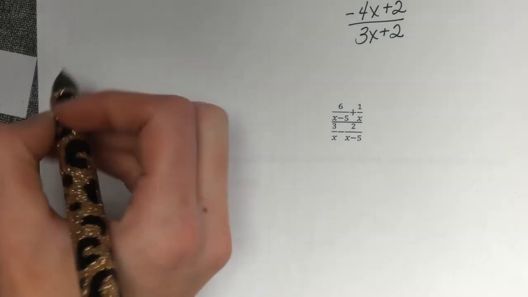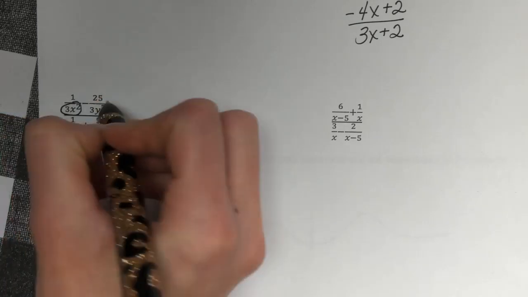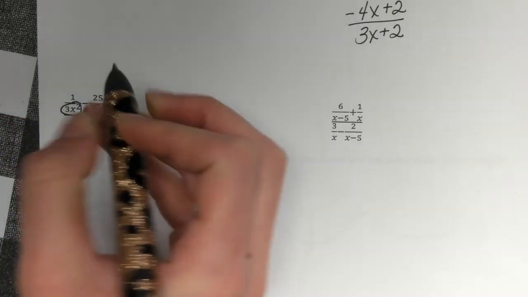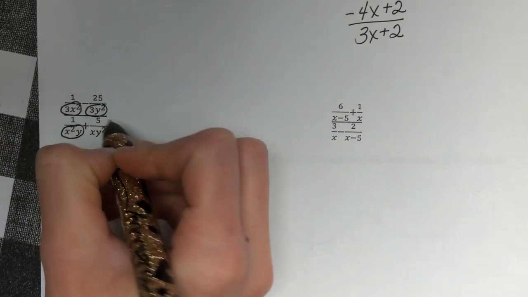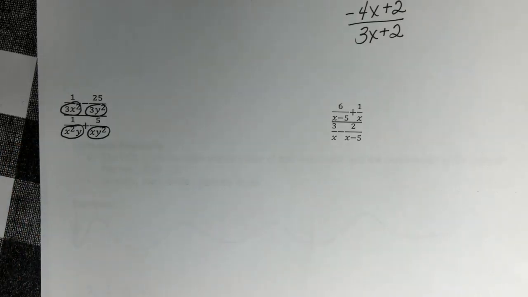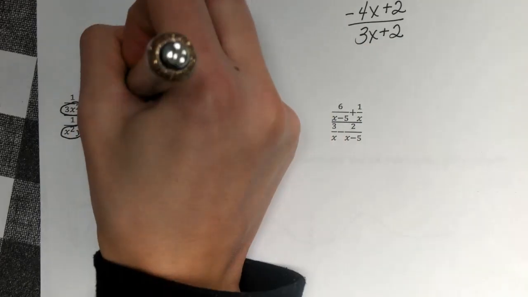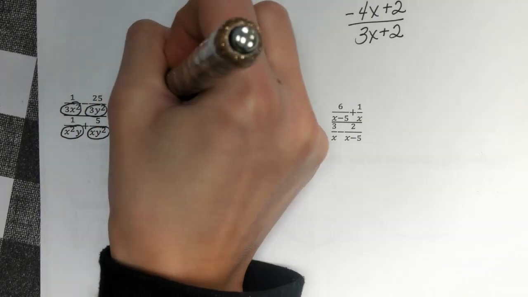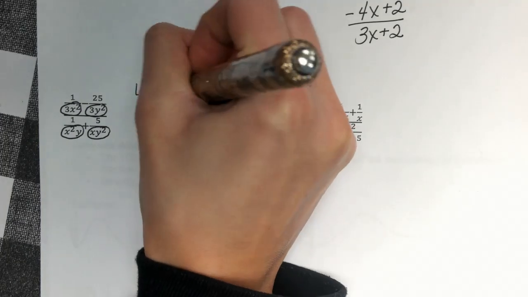Alright, I've got 3x squared, 3y squared, x squared y, xy squared. When you have all of that, do number and then variable, variable. Okay? So I've got a 3 and a 3. What's that going to be? A 3.